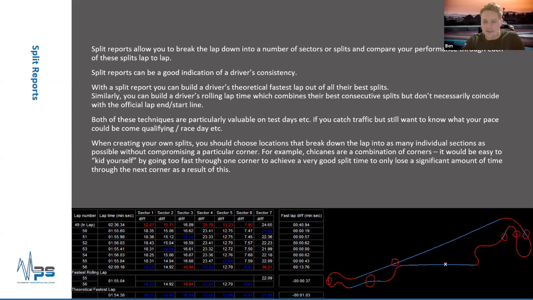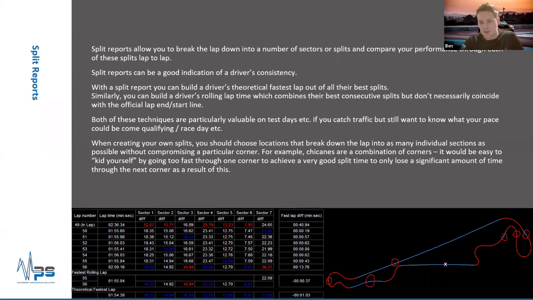What I mean by that is, take a chicane, for example, Knickerbrook at Oulton Park. You've got a right, left, right. If you broke that down into 3 separate corners, you could quite easily kid yourself by going massively fast through one to get a good sector time, but completely compromise the following corner by going in too fast, and therefore you get one nice quick-looking sector, but the rest of your lap is completely hindered by it.